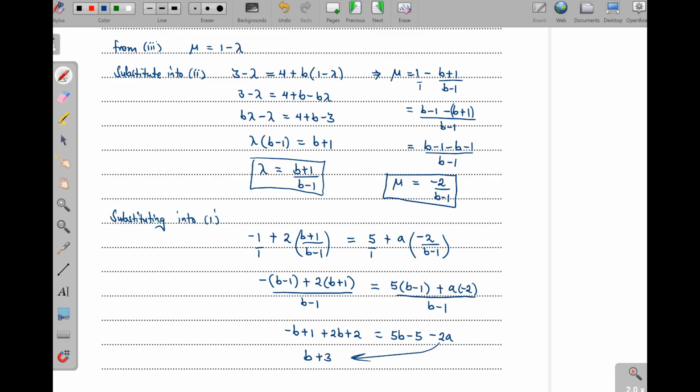Now bring this on this side. That one will be minus 2a. Then when I bring this one this side, it will be a minus 5b, not so? Then this one will be equal to, we have a minus 5 here.